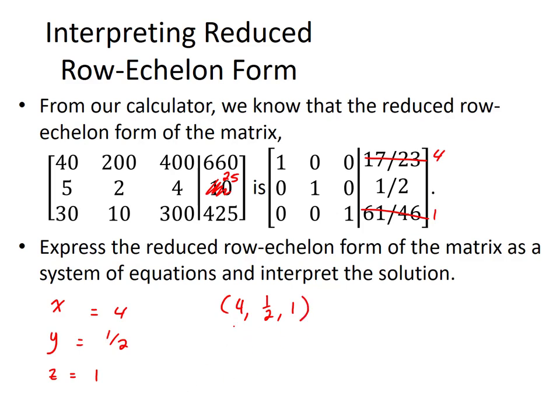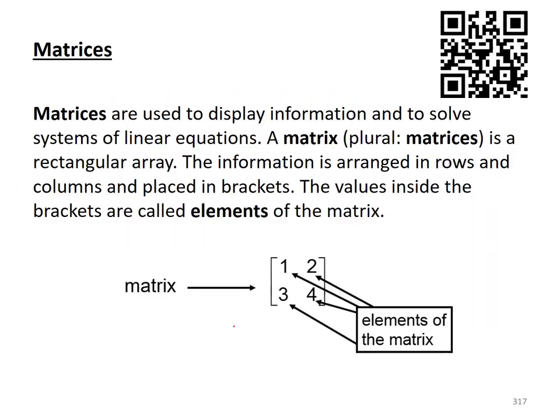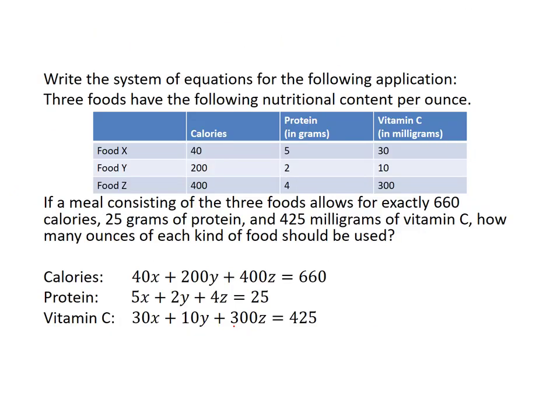Now we'd interpret that solution as, going way back, those represent the number of servings of each of those foods X, Y, and Z. So in this case, we need 4 servings. I'm just going to go back to that previous table. Yes, how many ounces actually was the unit?